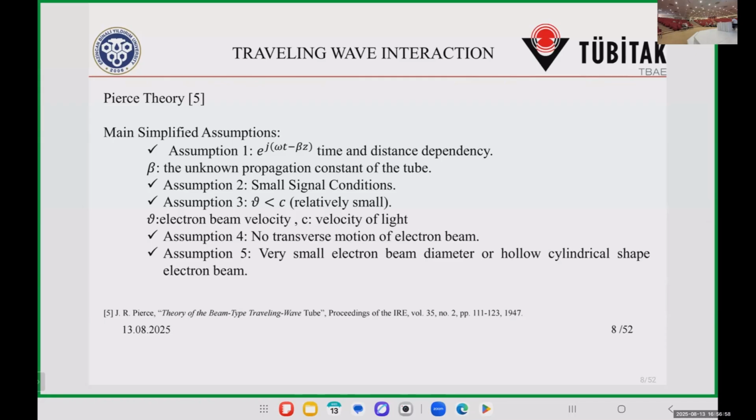This is important because we assume that a uniform electron beam passes through the helix. We assume this when solving the equations. And another assumption is a very small electron beam diameter, or a hollow cylindrical shaped electron beam is assumed. So we can start to analyze this system.